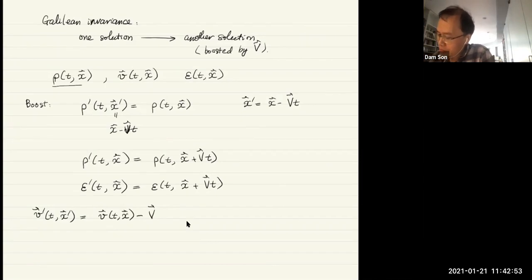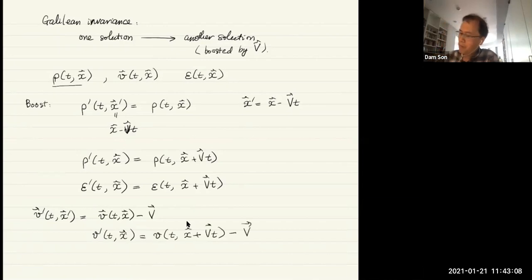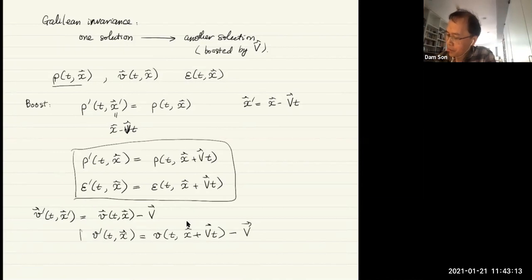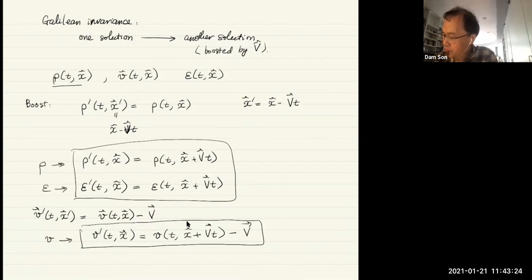And so from that we also find v prime of t, x is equal to v at t, x plus vt minus v. Okay, so these three equations allow us to go from rho to a new rho prime, epsilon to a new epsilon prime, and v to a new v prime.